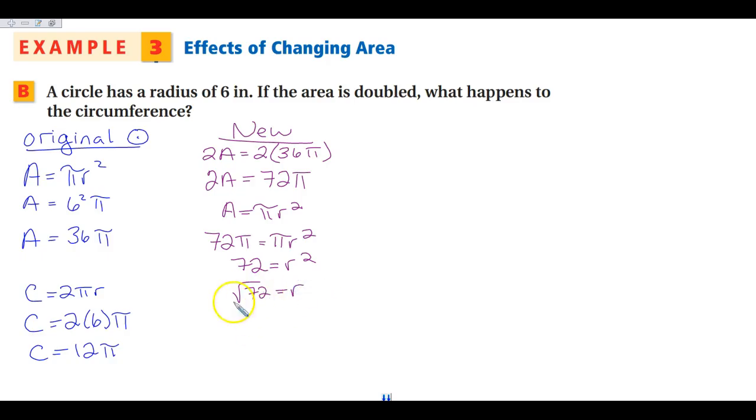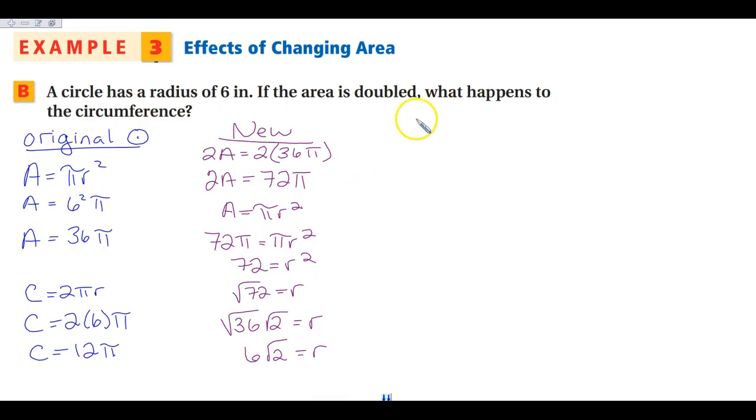And the square root of 72 is the same thing as the square root of 36 times the square root of 2. And the square root of 36 is 6. So it's 6 times the square root of 2. Okay? So if I compare the original radius to the new radius, my radius has been multiplied by the square root of 2.